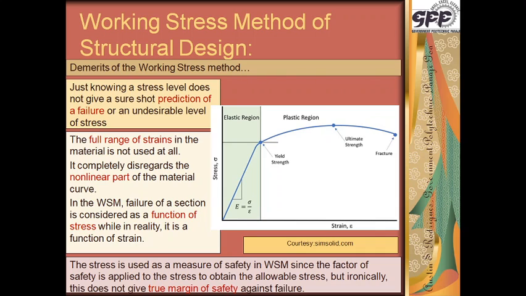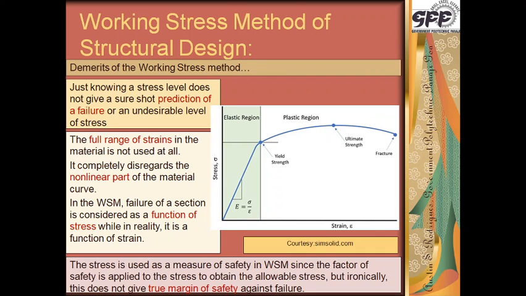Just knowing a stress level does not give a sure shot prediction of a failure or undesirable level of stress. When we are designing with the working stress method, we know that the maximum permissible stress in concrete for M15 concrete is 5 Newton per mm square.